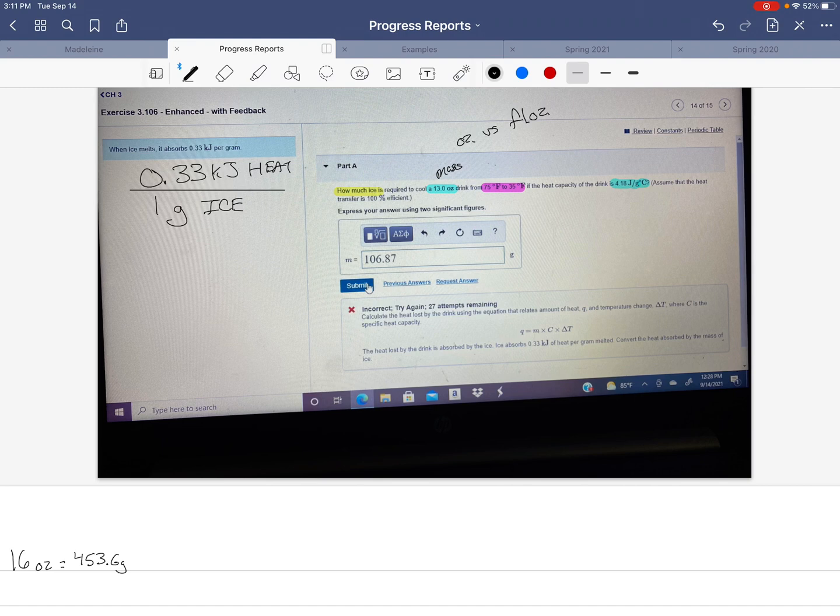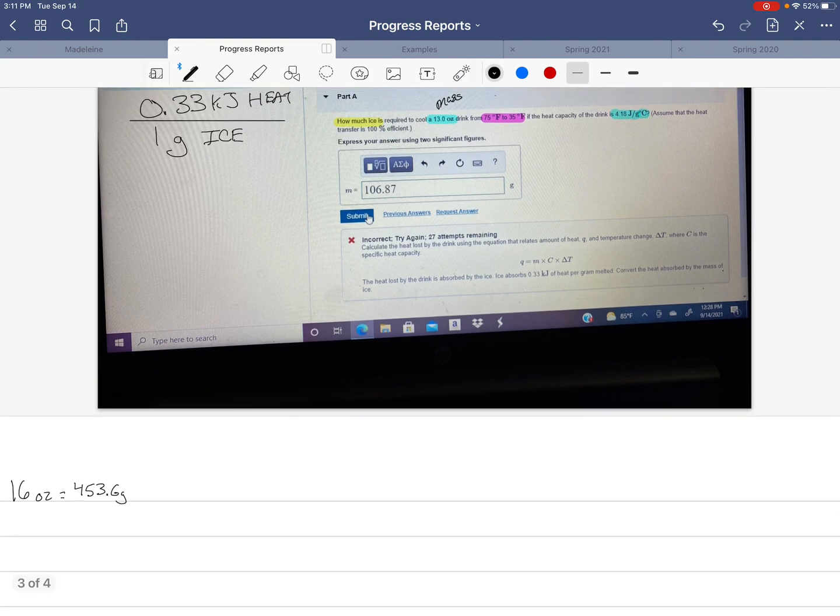The other big thing here is delta T. If I do the subtraction, I could do 75 degrees Fahrenheit minus 35 degrees Fahrenheit, and that's 40 degrees Fahrenheit. If I convert that to degrees Celsius, that's 4.44 degrees Celsius. However, 40 degrees Fahrenheit is not 4 degrees Celsius.